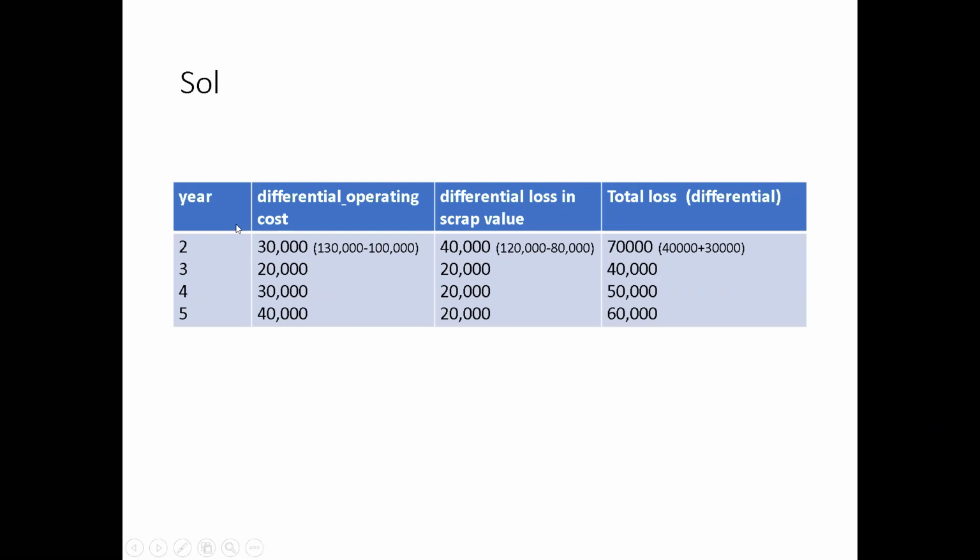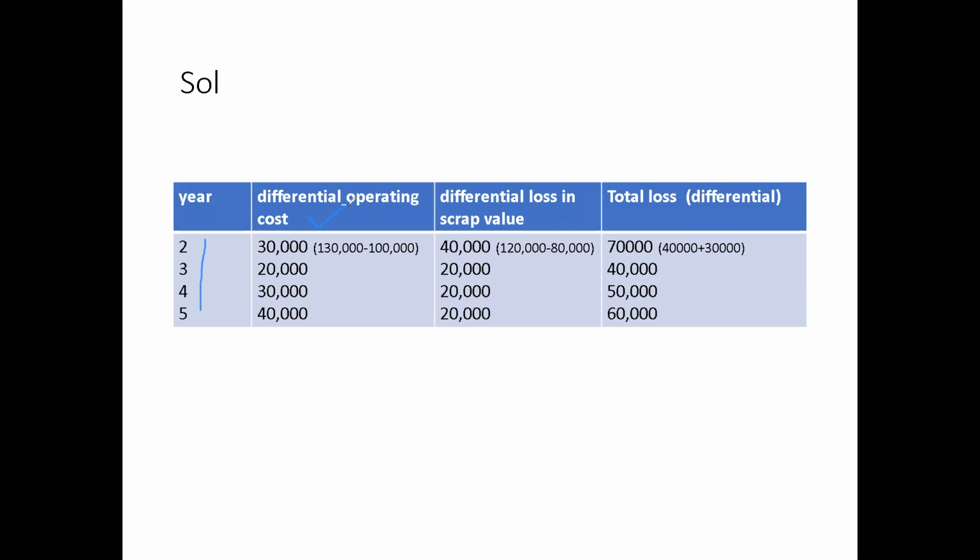table in which first we'll mention the year, because in the question it is given that when it is advantageous to replace it after first year. So we'll not consider the first year, and when we are calculating the differential amount, obviously for first year we cannot consider. Now, in the second column, operating cost is given in the question. Now we will find out the differential operating cost.